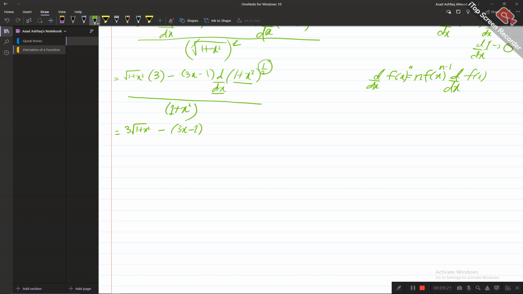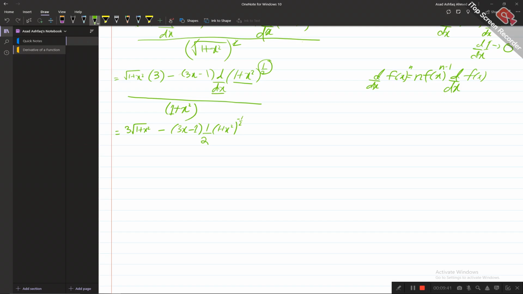Now it will be power 1 upon 2, and 1 plus x square, and the power will be minus 1 upon 2, because 1 upon 2 minus 1 gives minus 1 upon 2.